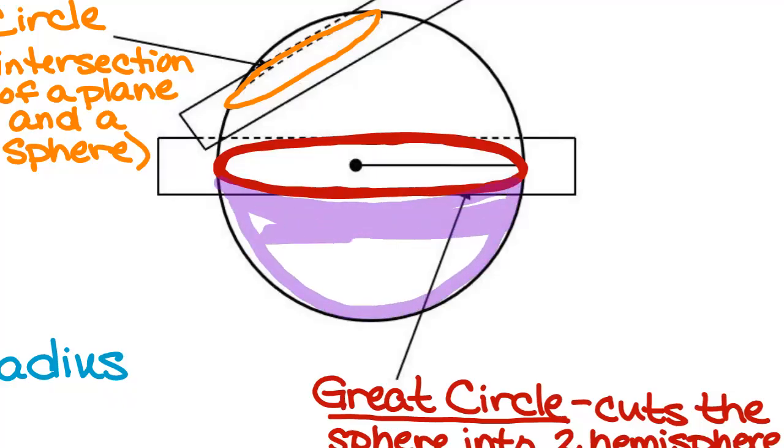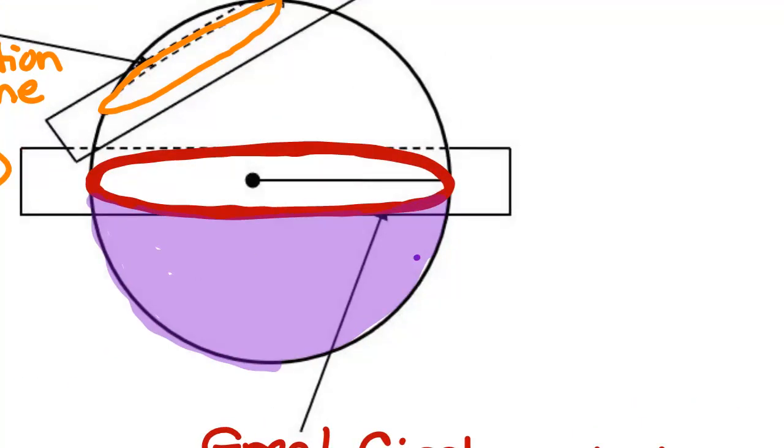So this right here would be a hemisphere, cutting it along that great circle and then taking just the bottom or just the top would be a hemisphere.